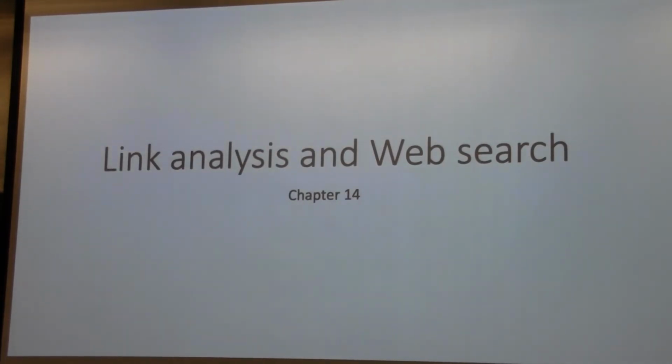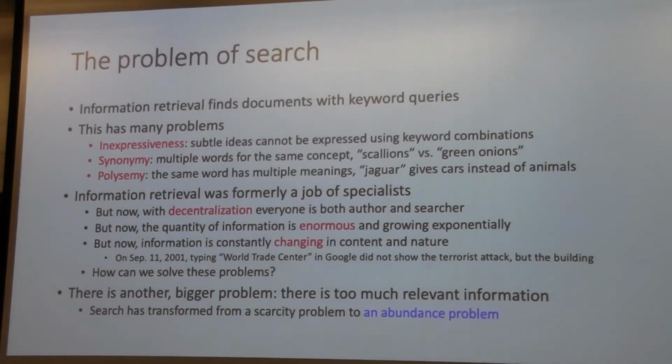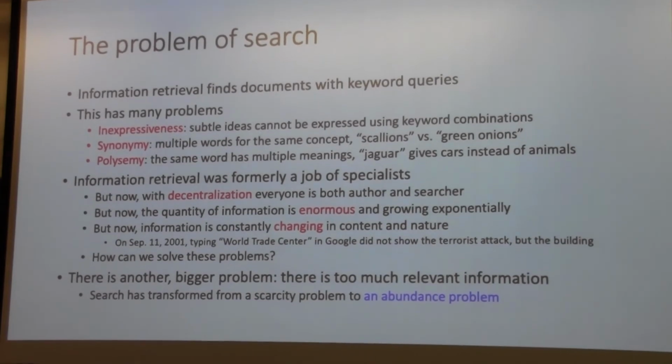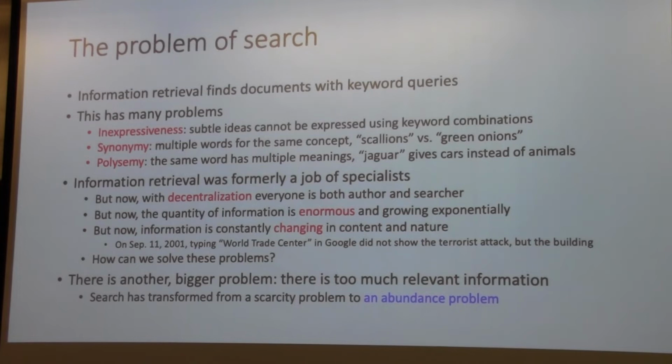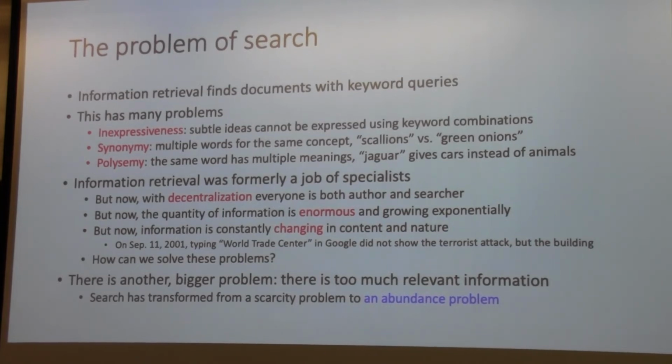Now let me go on. Now let's look at search. The problem of search. You want to find information, of course. So the web is only useful if you can find what you want. This is called information retrieval. And the classic way of doing it is with keyword queries.